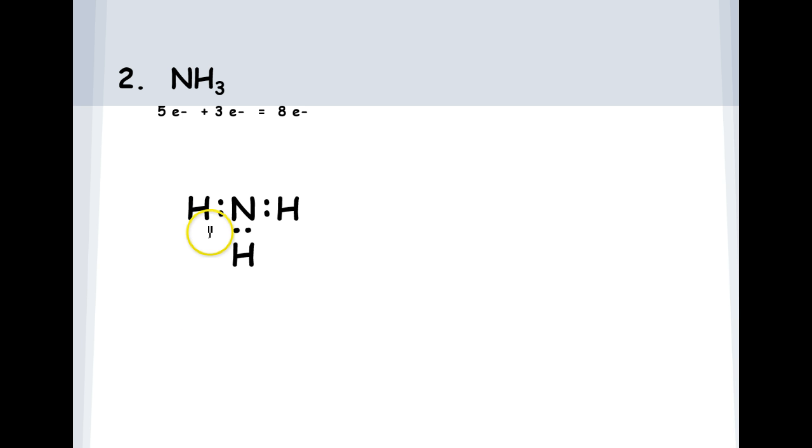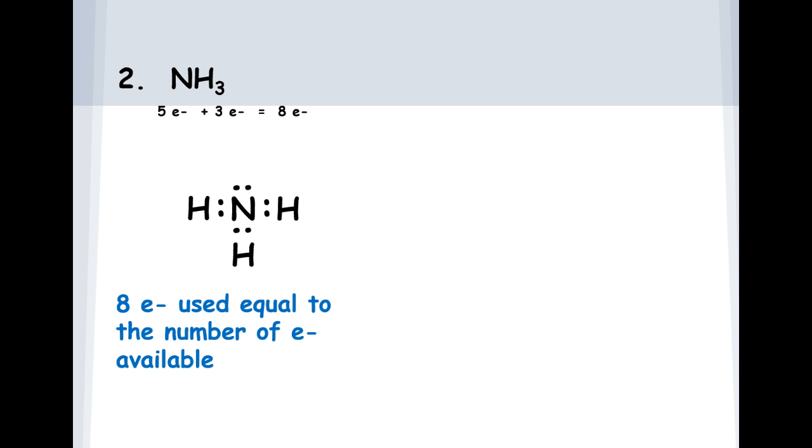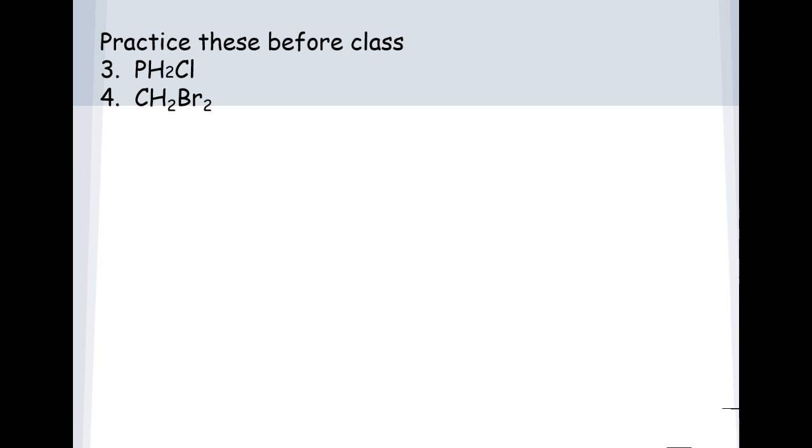Nitrogen only has 6 valence electrons around it, so we are going to add in our 4th pair, or the 2 electrons, to give us a complete octet. We're going to replace the bond pair with a dash, and that will give us a structural formula, and the number of electrons we used is 8 compared to the number that is available. Okay, so that is how we draw basic Lewis structures.